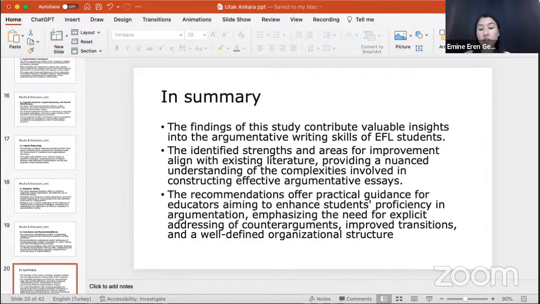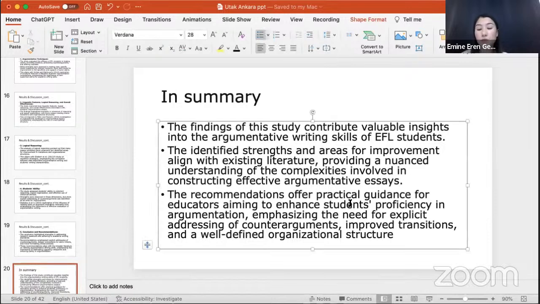The recommendations offer practical guidance for educators aiming to enhance students' proficiency in argumentation, emphasizing the need for explicit addressing of arguments, improved transitions and a well-defined organizational structure. So these parts that need improvement should be taught explicitly or emphasized more in these writing tasks.